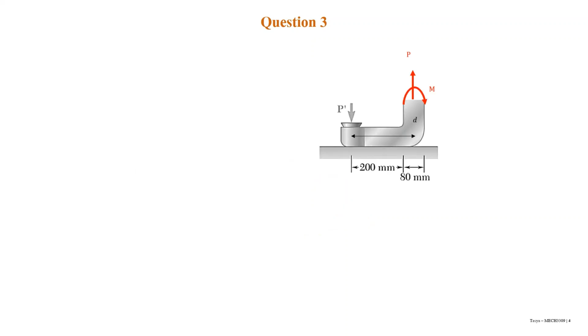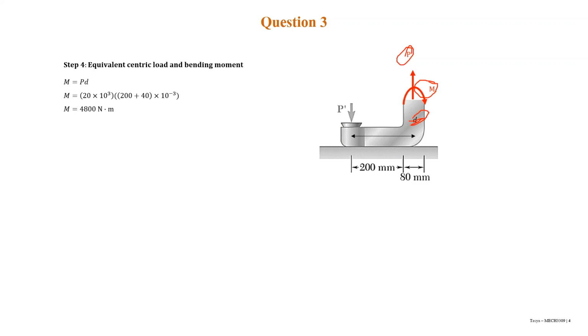Okay, the next step is we have to find the bending moment. Since the bending moment is due to the load, the P centric load, M is equal to P multiplied by D. Here the P is 20 kilonewton, so 20 times 10 to the power of 3, and the D is the distance.